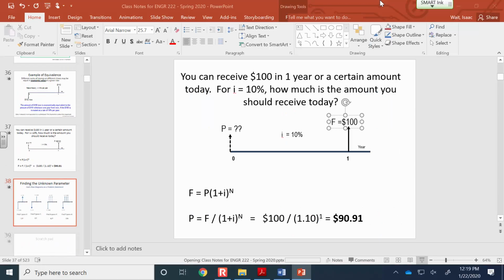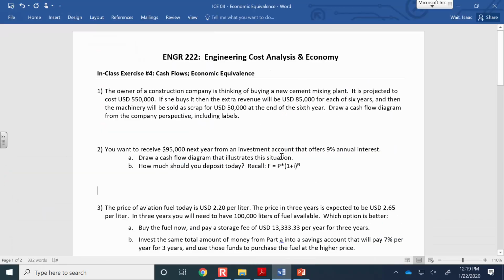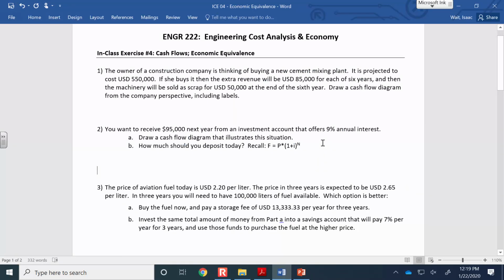Okay, let me show you the in-class exercise that we have for today as I hand it out. We've got 3 questions on the front side of the paper, and then 1 2-part question on the back. So I'd like you to start with the first 3 questions on the front of the paper.